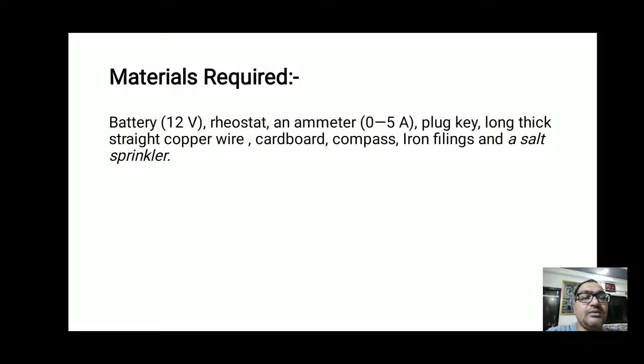We have to write the names of the materials. Here a 12 volt battery is required, a rheostat, an ammeter, plug key, long thick straight copper wire, cardboard, compass, iron filings and a salt sprinkler. So these materials are required to perform this activity.